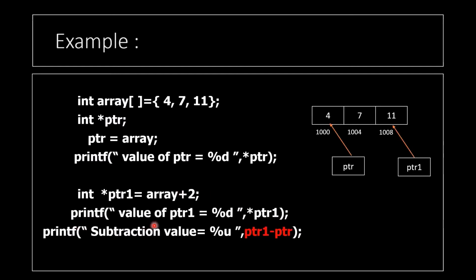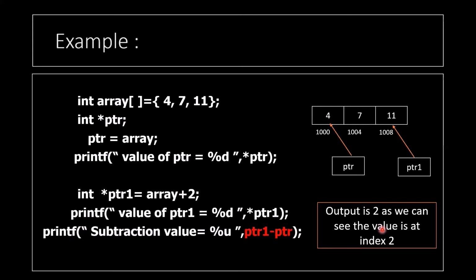If I print this value, it will give me an output of 11, and now I'm subtracting ptr from ptr1. The output, as you know, will be 2. This 2 is also the index value of our 11 in the array. So when we use these operations on an array, it gives us the index position of that value.